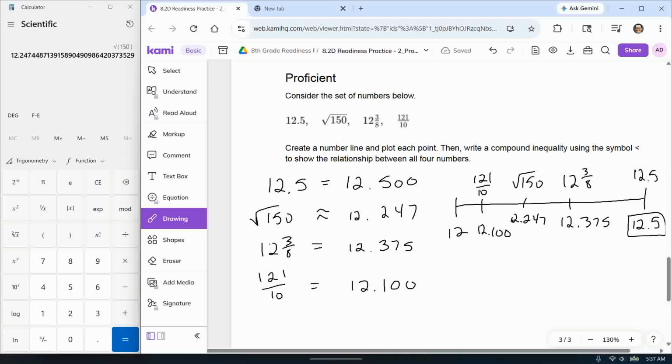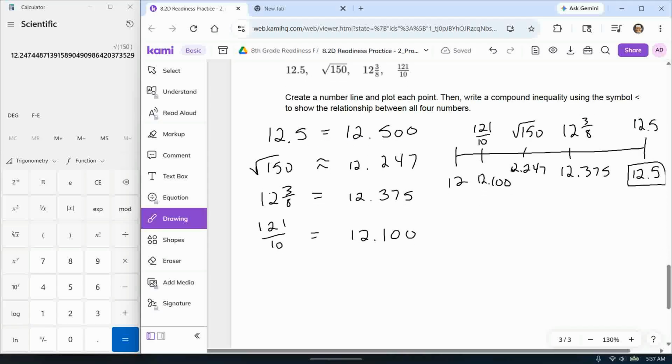That's one of mine. Now, that's the easy part. We also need to write a compound inequality. That might not seem like something that you've done before, but you've seen it a lot. Because what we want to do is write these in order. Since I'm using a less than symbol, I want to put a series of less than symbols and list them in order from least to greatest. If you're using the greater than symbol, you would do it from greatest to least.